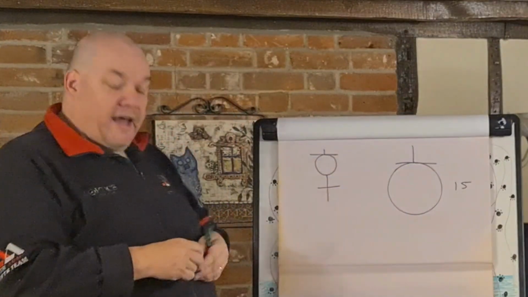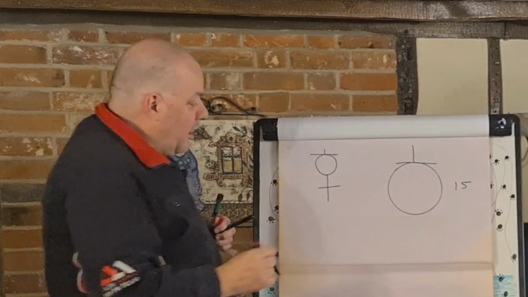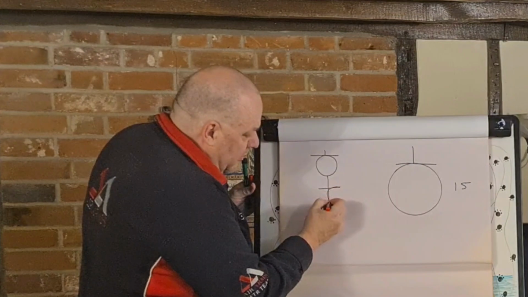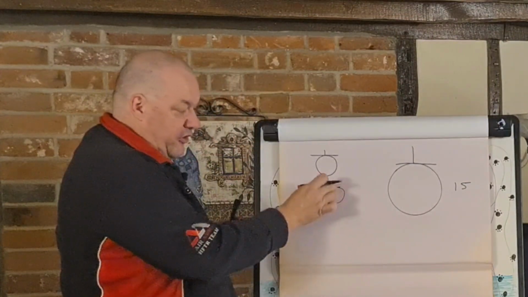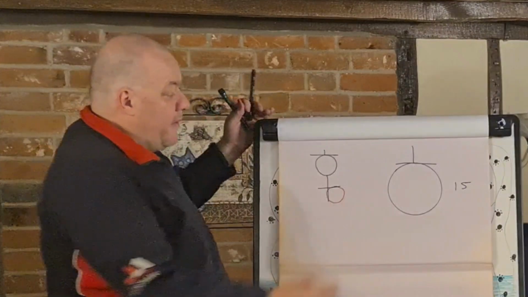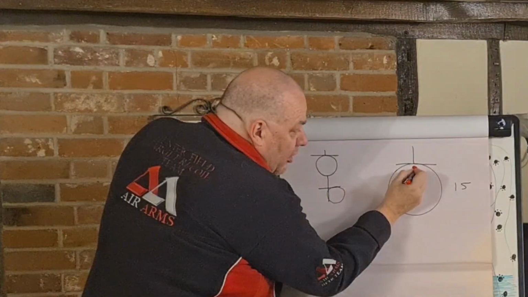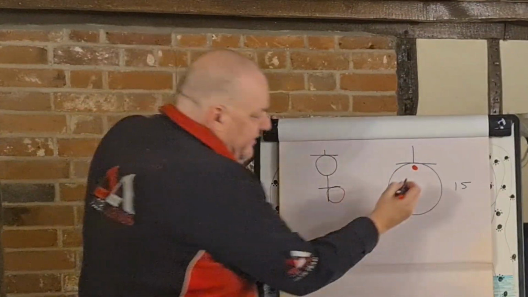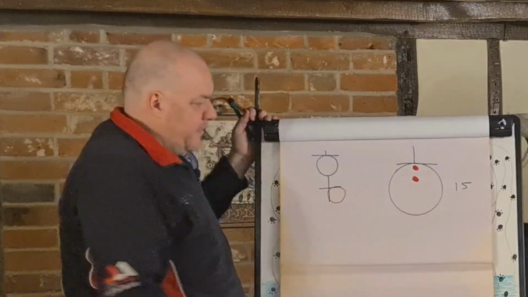So now, if I'm shooting a 25-yard target, I can measure the target with that, and I know that it's roughly half a mil dot, which is that kind of distance. And the pellet will strike around about there. When we come down to 20, the pellet is now hitting around about there.